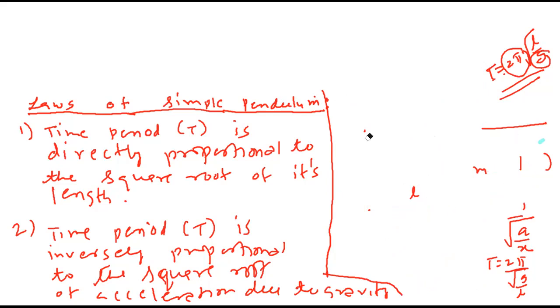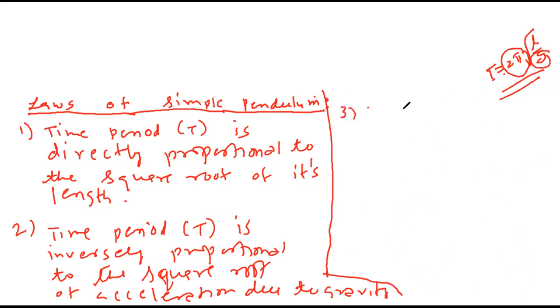Is mass present in the formula or not? No, sir. It is clearly visible. If we have the formula as 2 pi root of L upon g, there is nowhere mass. So I can say it is independent of the mass of the bob.